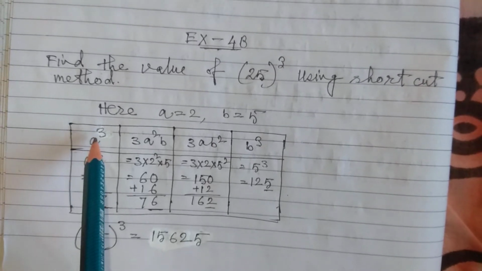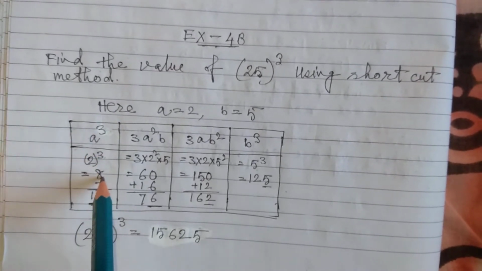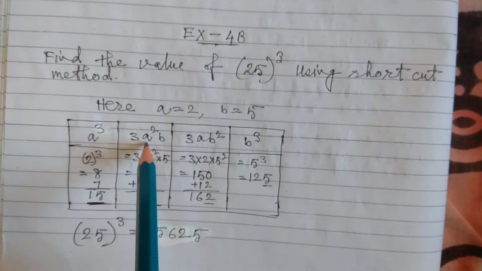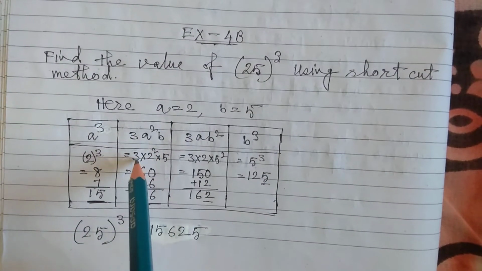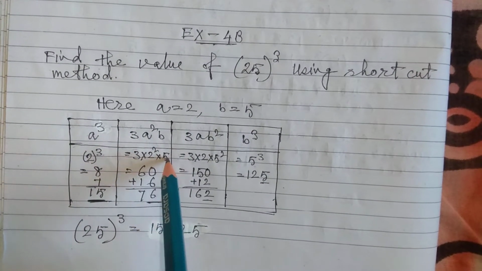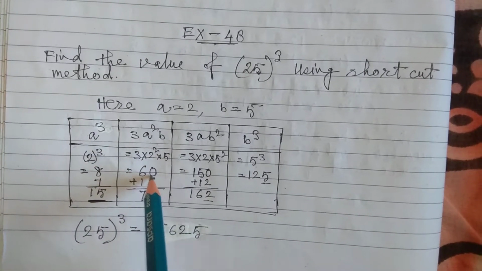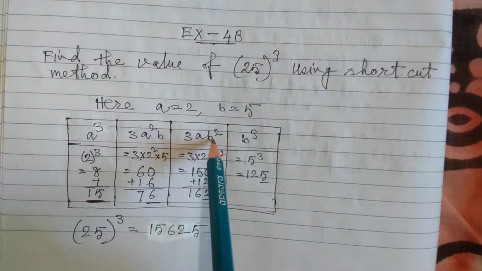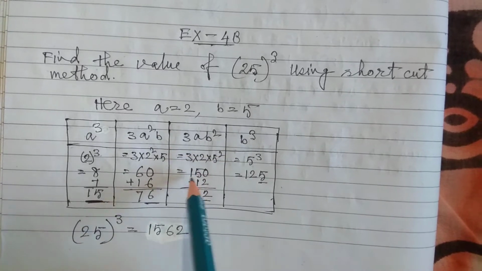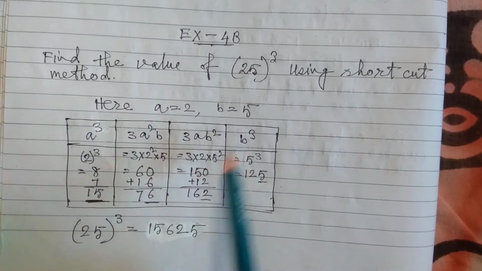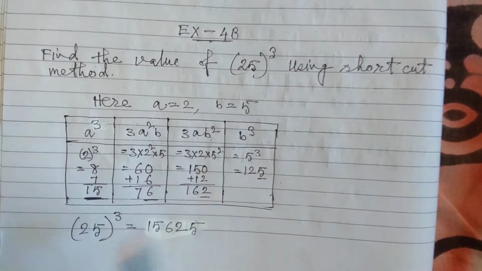Now a cube is 2 cube, equal to 8. Then 3 into 2 square into 5 is equal to 60. Then 3 into 2 into 5 square is equal to 150. And b cube equals 5 cube, 125.